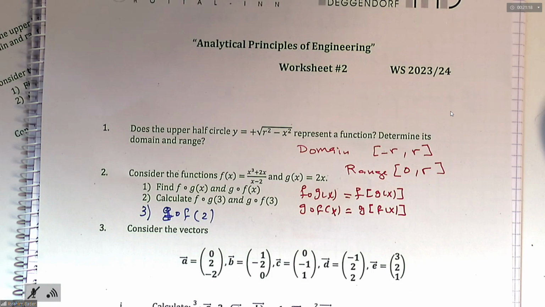You got it? So shall I write it here? Here you will have f of g of x, that is f of 2x, and this is equal to 2x all cubed plus 2. This is from the original formula. And for x, you just plug in, using parentheses, which will simplify things.